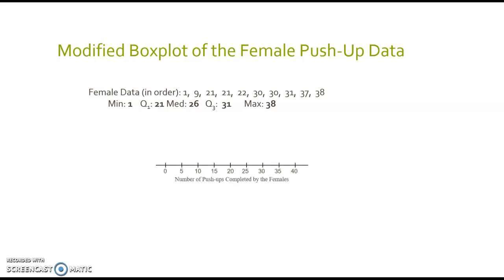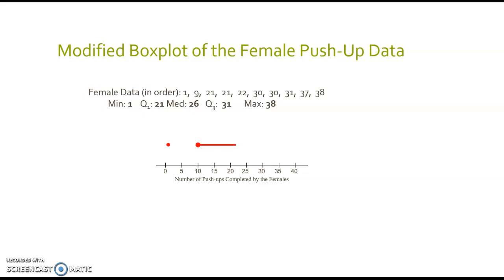So when I go to make this modified box plot, I put a little dot or star at that outlier at 1. And then my whisker is only going to extend from 9 to quartile 1, which is 21.